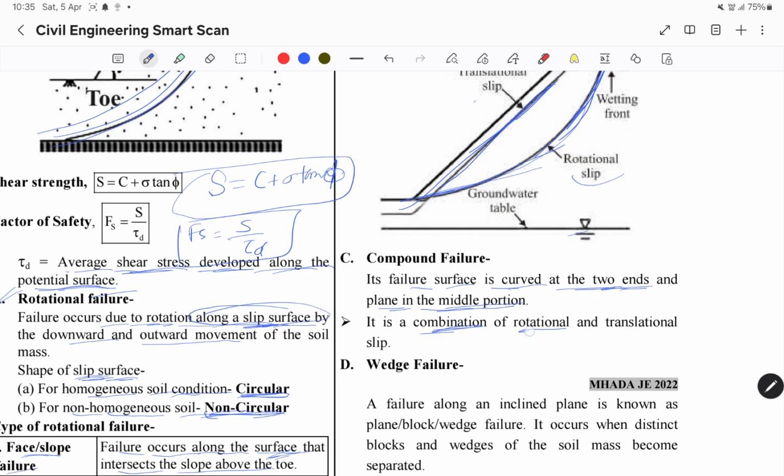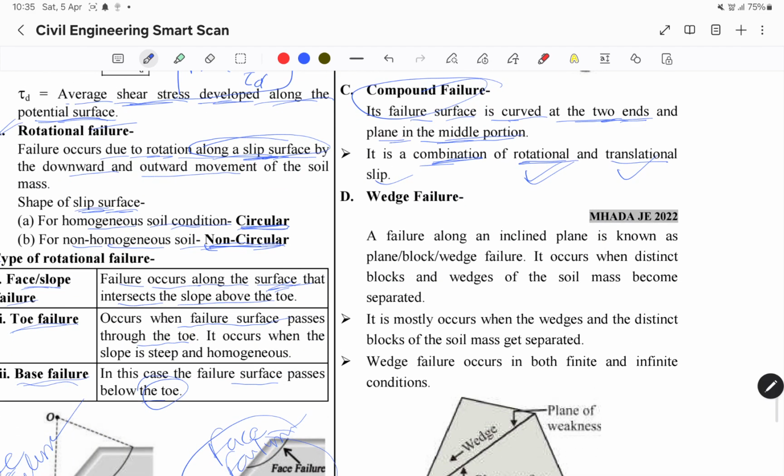It is a combination of rotational and translation slip. Wedge failure: a failure along an inclined plane is known as plane block wedge failure.